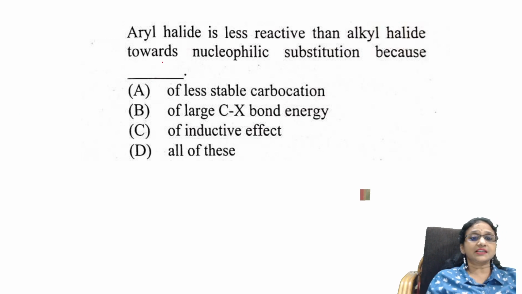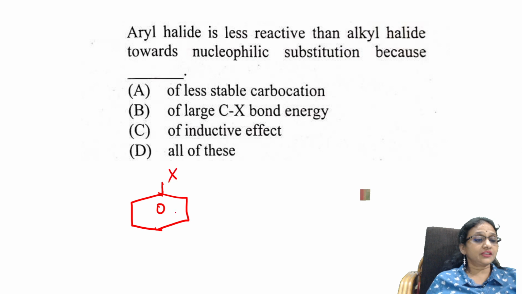First question: aryl halide is less reactive than alkyl halide towards nucleophilic substitution reaction. Why? Whenever I take aryl halides, what is the important thing? The benzene ring is electron withdrawing, correct? It is going to pull the electrons towards it.